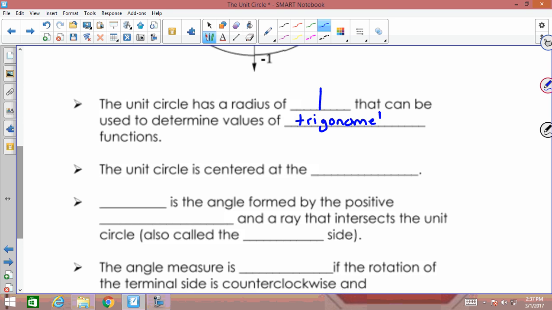Okay? The unit circle is always centered at the origin, point 0, comma 0. Theta is the angle formed by the positive x-axis and a ray that intersects the unit circle, which we call the terminal side.